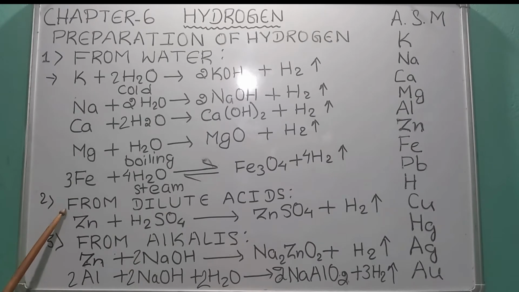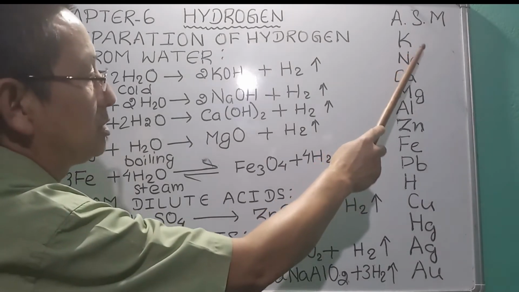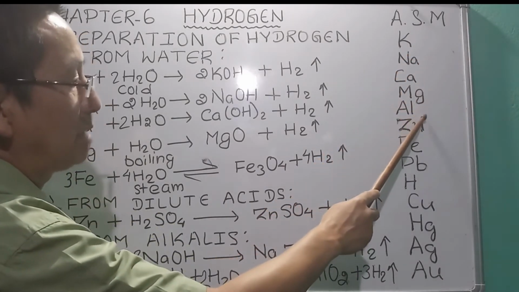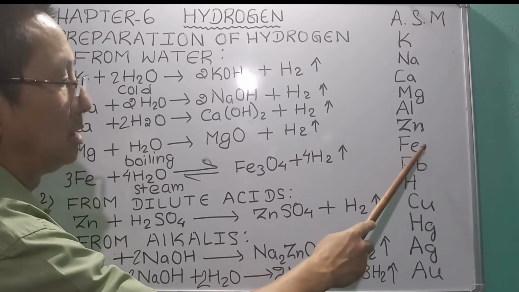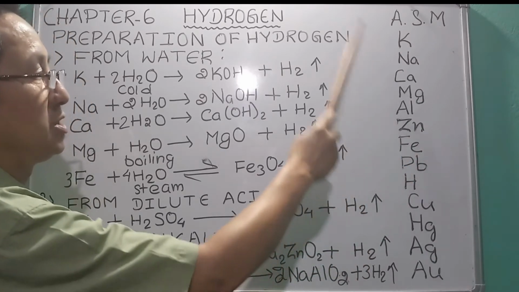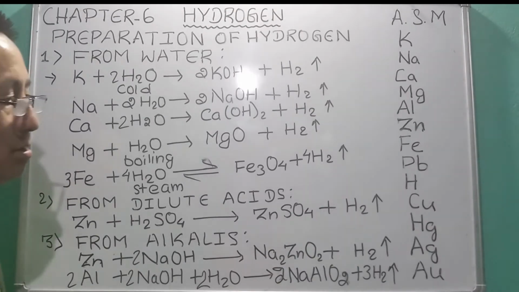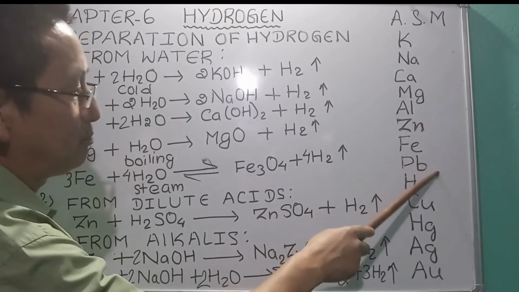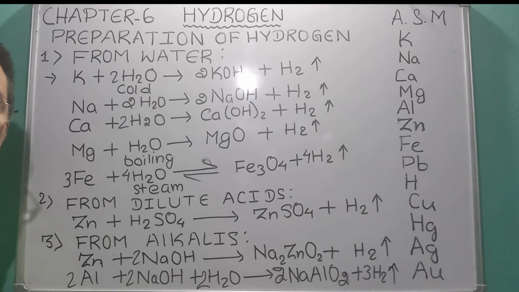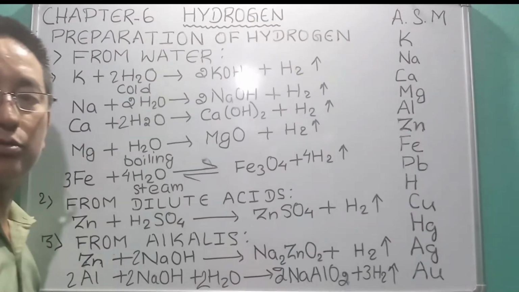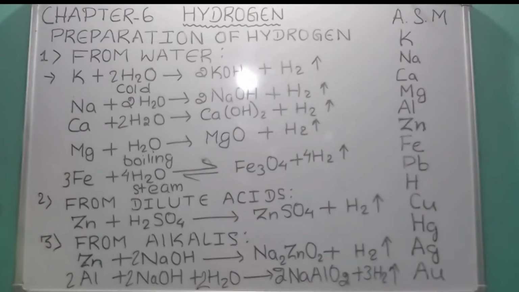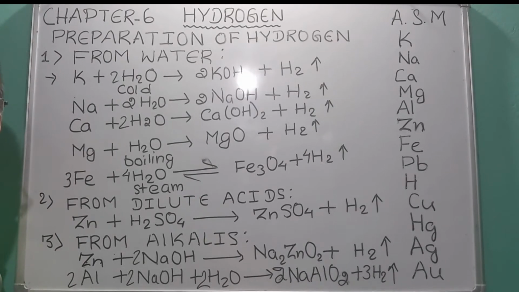Now next, preparation of hydrogen gas from dilute acid. As I told you, potassium, sodium, calcium, magnesium, aluminium, zinc, iron, lead, these are the metals which are above hydrogen in the activity series. Here all these metals except lead, whenever they react with dilute acid, they displace hydrogen from the dilute acid.